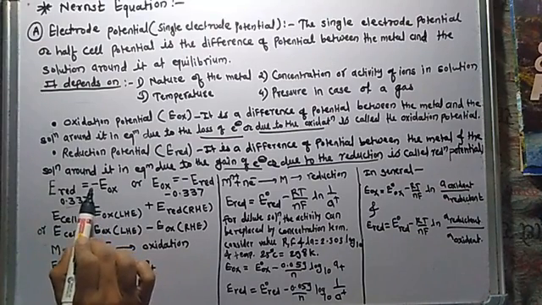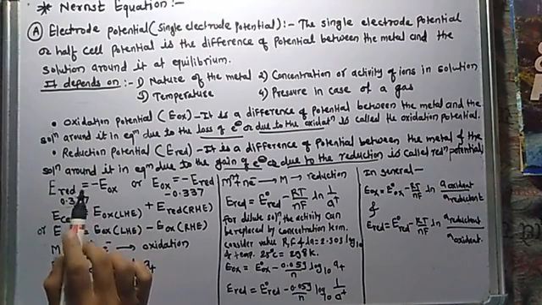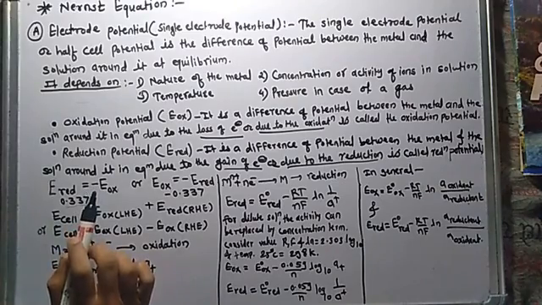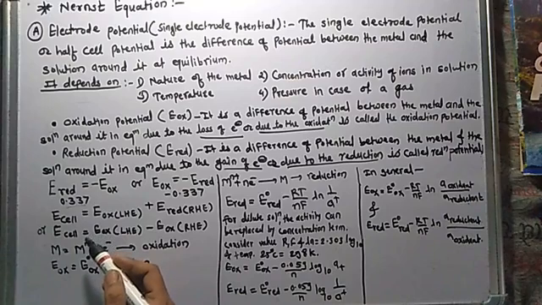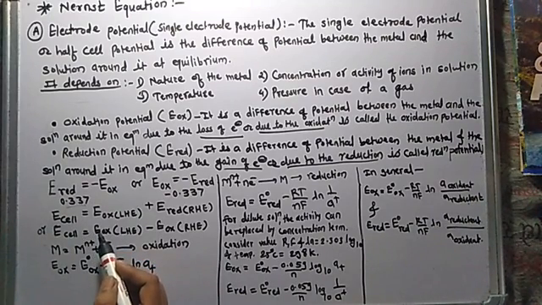We know that any electrochemical cell is made up of two half cell reactions. One is the oxidation reaction, and another one is the reduction reaction. One electrode shows the oxidation electrode potential, and the other shows the reduction potential.